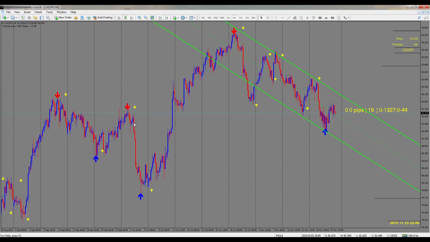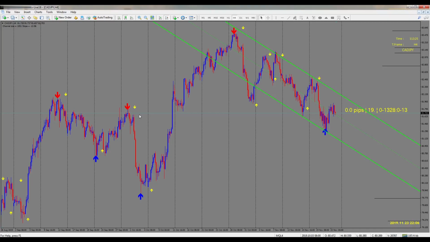You can safely take this trade, guys, without a doubt. As you know, nothing in the market is 100% guaranteed. Yes, you're going to have losing trades. There's no such thing as a 100% winning system. I can tell you that now. But what I can tell you is the Beast Double Arrow has an 80% win rate.